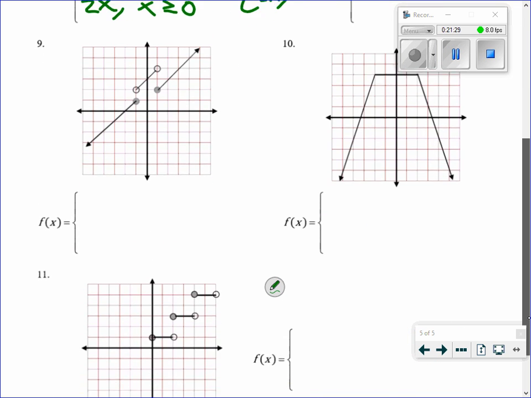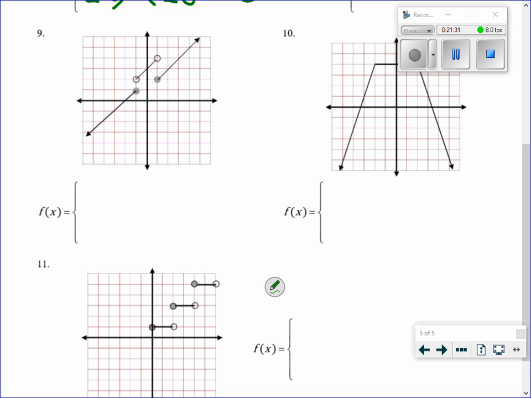So once again, looking at it piece by piece, let's start with this first piece all the way to the left. What's our equation for our line here? Y equals what? If you aren't sure, remember you can use your point slope formula, or you can keep going. What's your slope here?